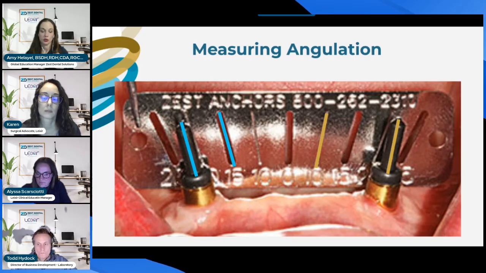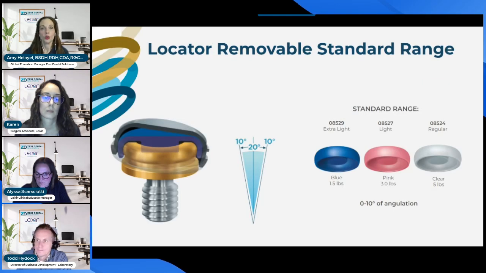Not only are you selecting the proper cuff height, but you're selecting the proper inserts based off of the angulation of that implant. So with Zest, with our standard abutments, as we're showing here, in our standard range inserts, those are the blue, pink, and clear that you're all familiar with. Those are called standard range. They have the little button in the middle that you can see on the image.